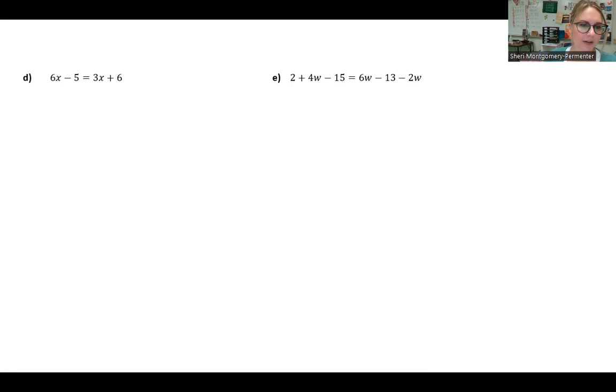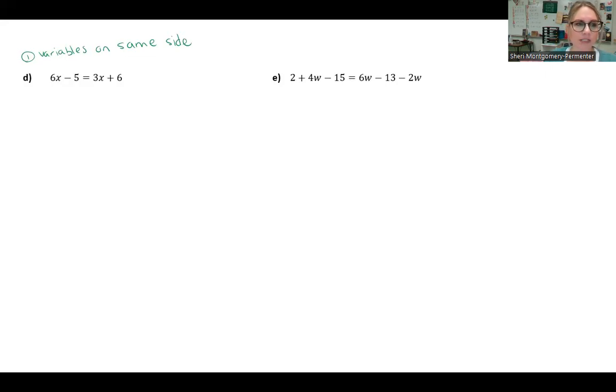We have to get variables on the same side first. First thing I have to do is make sure I've got variables on the same side.